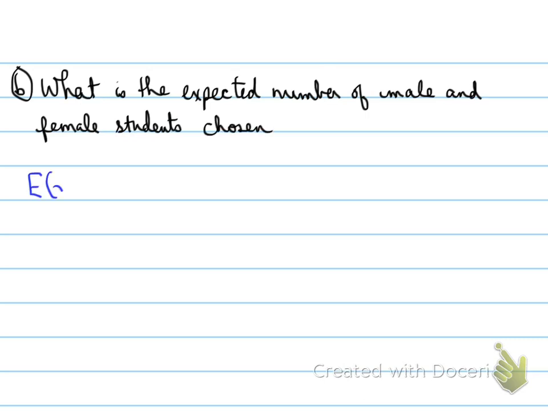Next, Part B. What is the expected number of male and female students chosen? So the expected number is going to be RA over N. How do we calculate that value? Well, R is 7 that we've chosen from the population of 24, so N is 24.